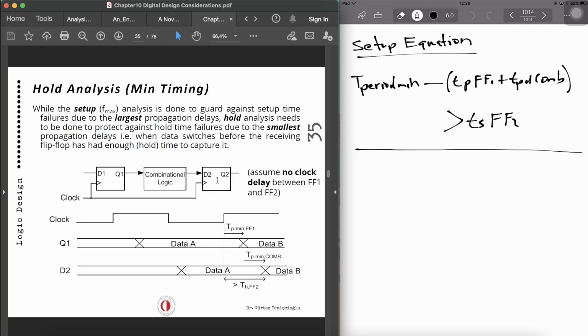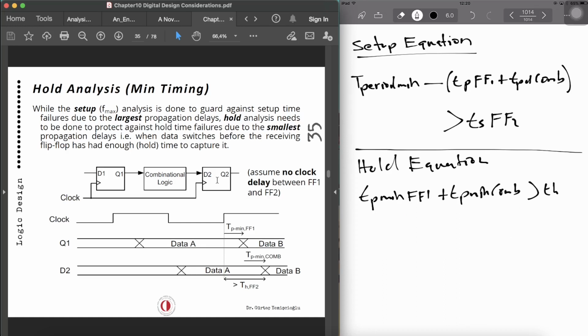So the hold equation can be given as the minimum propagation delay of flip-flop 1 plus the minimum delay of combinational logic has to be greater than the hold time of flip-flop 2. Okay, so this is important as well in order not to have any problems throughout the path.